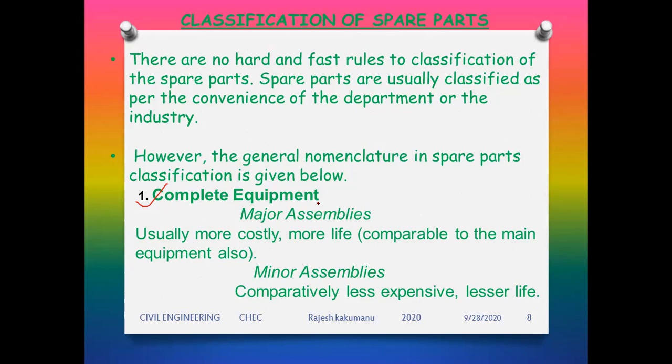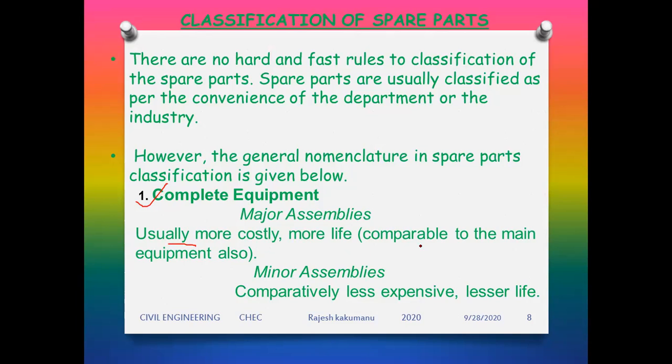In the same way, if you take a complete equipment, you are having two types. One is major assemblies, other one is minor assemblies. Then what are the major assemblies here? The major assemblies are usually more costly. So major equipment is usually more costly compared to the main equipment also, right?